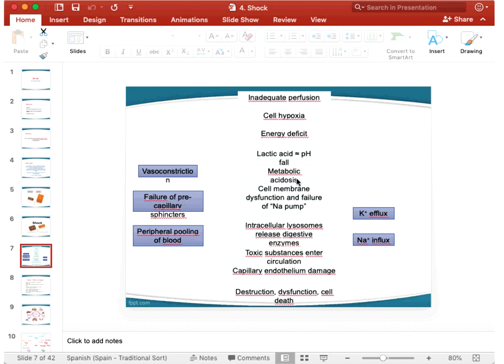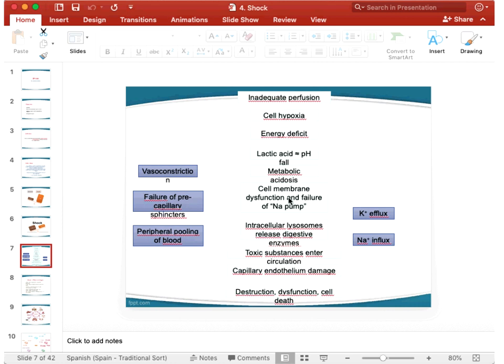And as you can recall, metabolic acidosis shifts the hemoglobin dissociation curve. That means that the hemoglobin will attach more strongly to the oxygen, and it's not going to release it that easily.